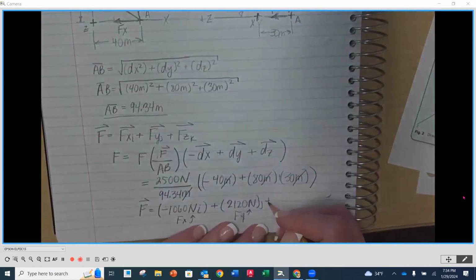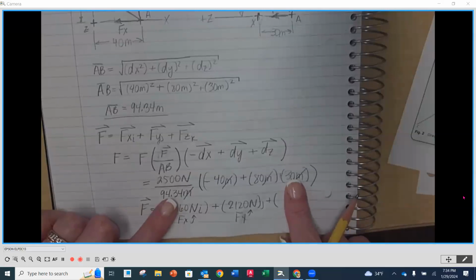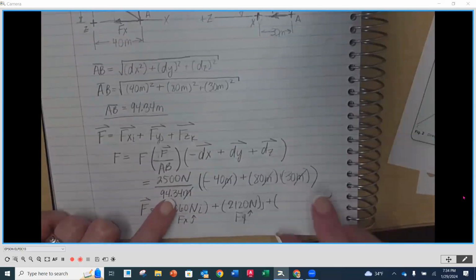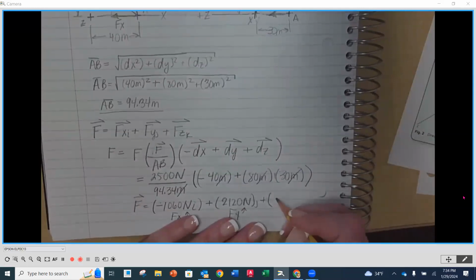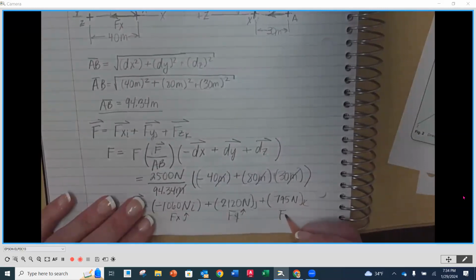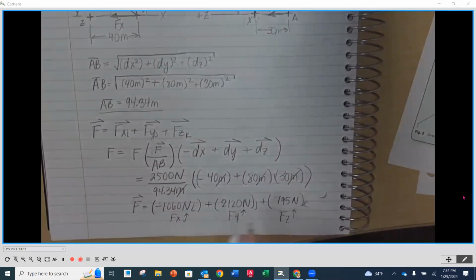And then our Z is going to be the 30 times the 2,500 divided by the 94.34. And that number is going to be 795 newtons. And that would be the k, or also the Fz vector.